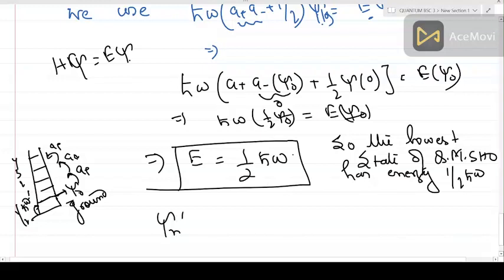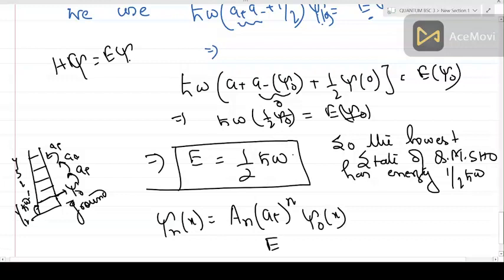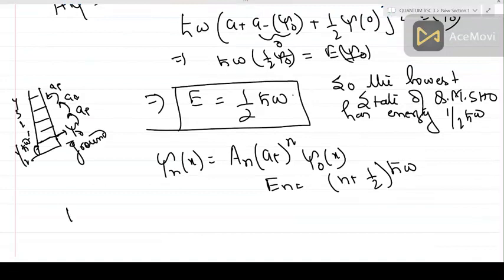So psi n of x, any n value, n equal to 1, 2, 3, 4, it will be a plus, because you are rising up the ladder, applied n times, the energy being (n plus 1 by 2) h bar omega.